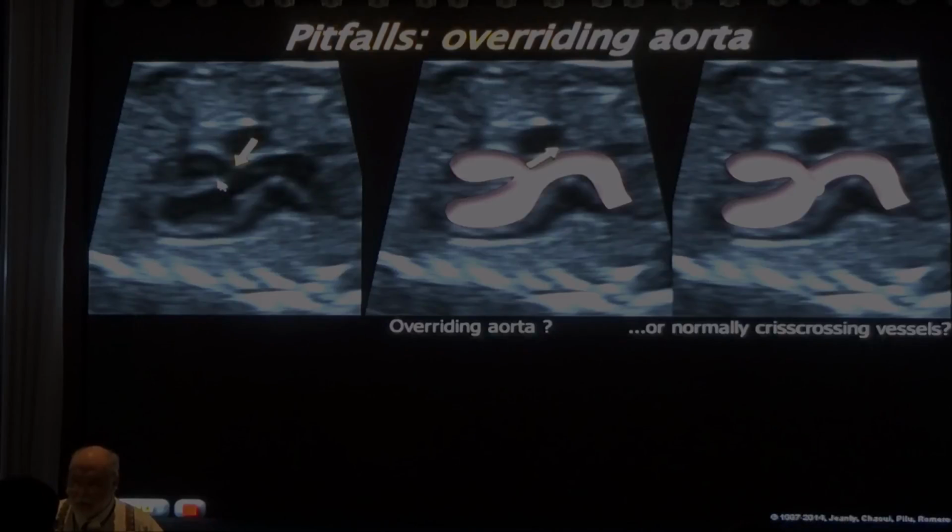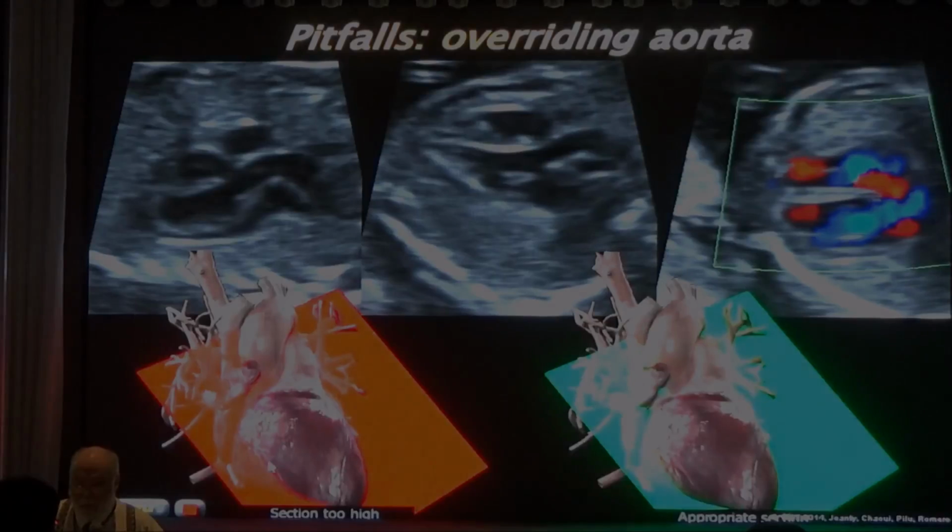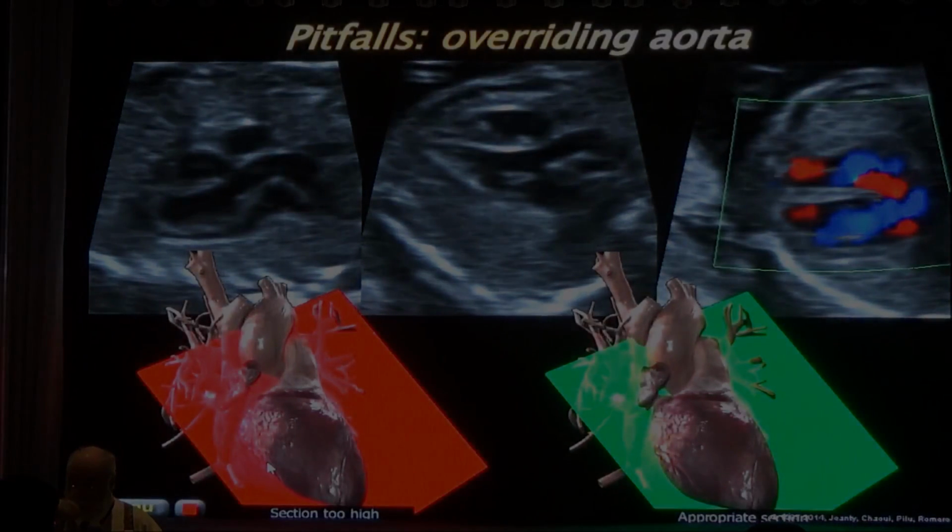Well, you want to change the angle of the view. You want to make a good left outflow tract, and then you see with Doppler that these two vessels, this one pulmonary is in red, and it goes from the blue to the red through black. So these are not touching each other. What happened here is that my section was just on the undersurface of the pulmonary.